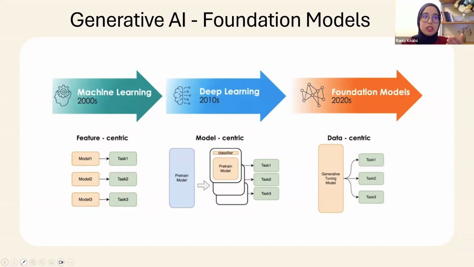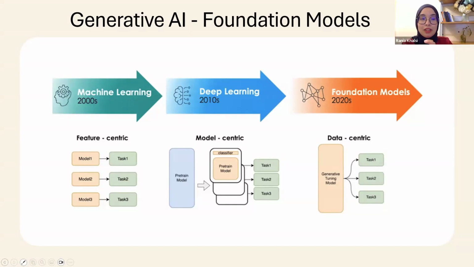During my PhD, I started feeling that there are some challenges related to deep learning, like explainability and robustness. The main reason behind these problems is the model-centric approach. And what happened now is that the feeling is right.